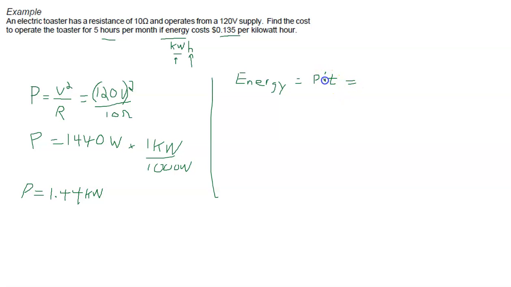We have then 1.44 kilowatts multiplied by 5 hours.